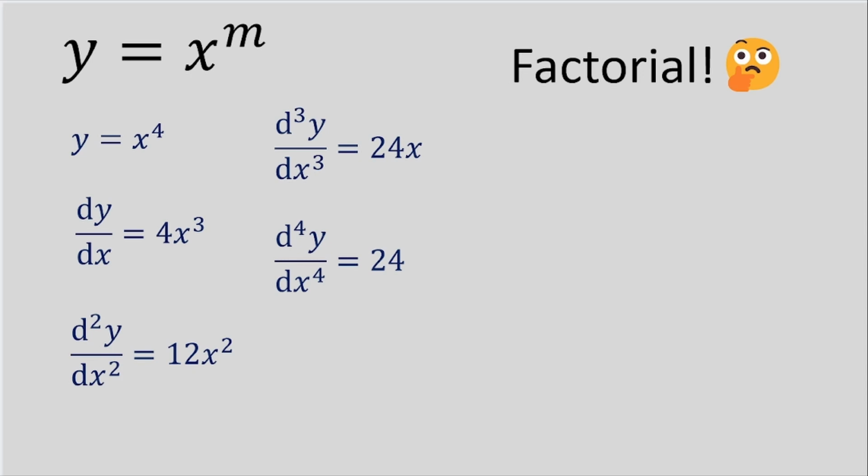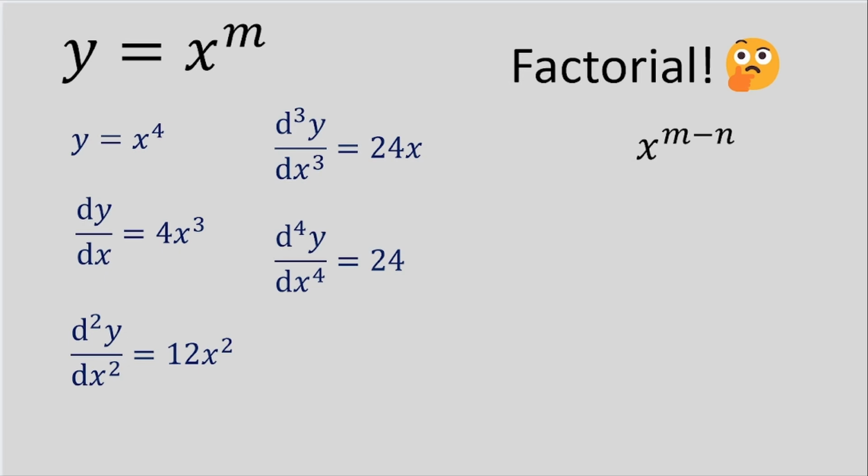So as we go to the second derivative, the power has decreased by 2, bringing it to x². So simply the nth derivative can be written as x^(m−n), where n is the order of the derivative of the given function. So m is simply 4, and for the second derivative, 4 minus 2 is 2. So we get x².